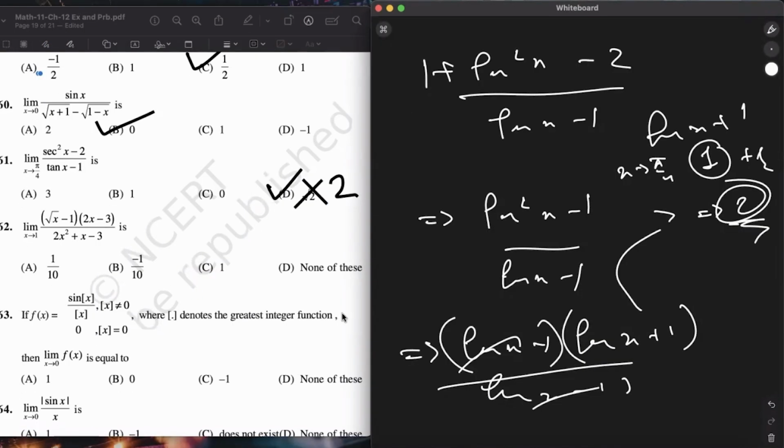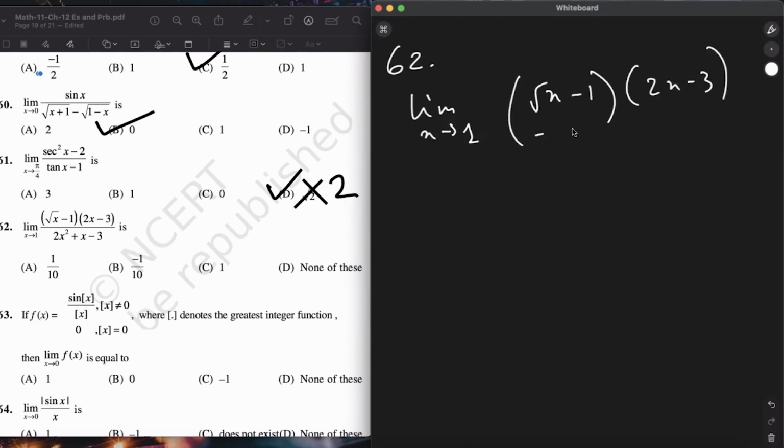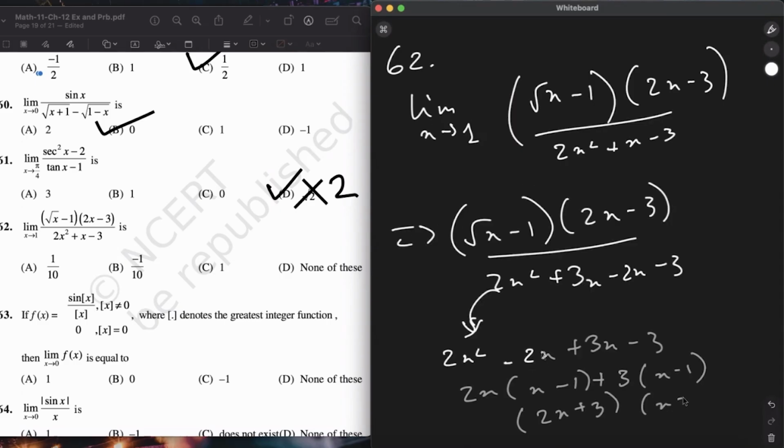So let's move on. Now question number 62. I have been given limit x tends to 1 of under root of x minus 1 over 2x minus 3 ... 2x squared plus x minus ... So I can write this part as follows.